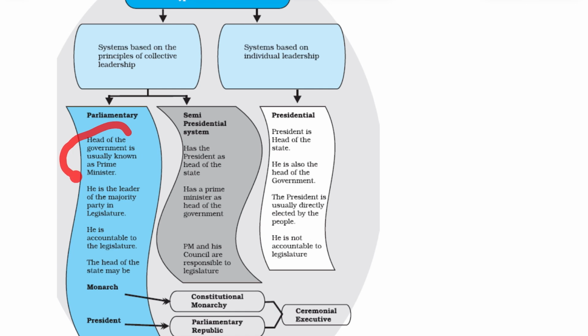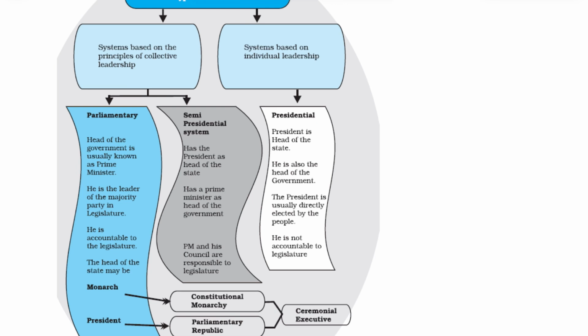So the head of government is the person who has the majority support in the legislature. He is the leader of the majority party in the legislature. Whereas the head of the state may be a monarch or a president. So if it is a monarch, then the system is called a constitutional monarchy. Whereas if it is a president, then the system is called a parliamentary republic. Republic, as in the head of the state is from the people.